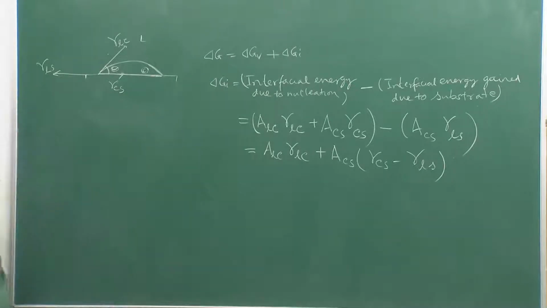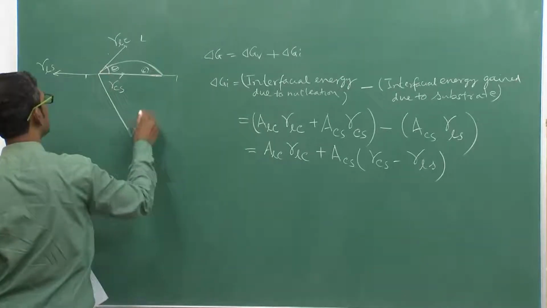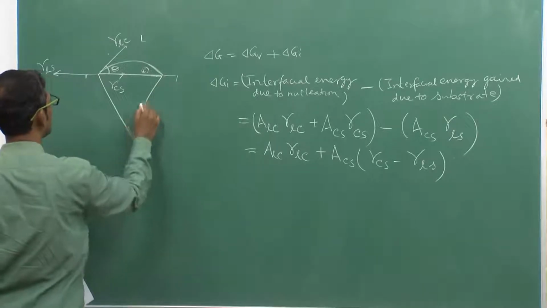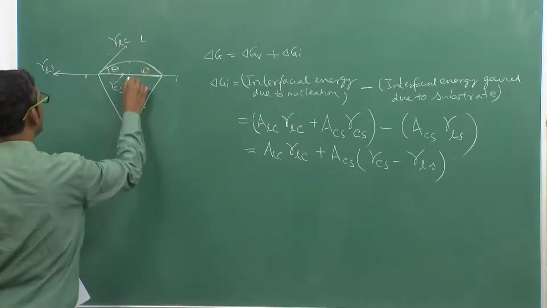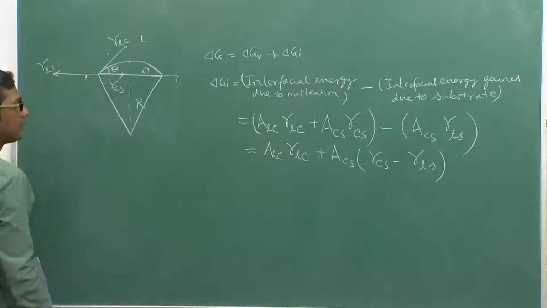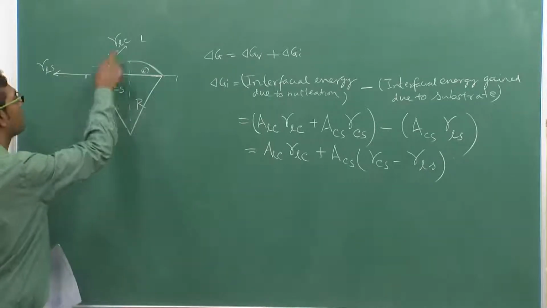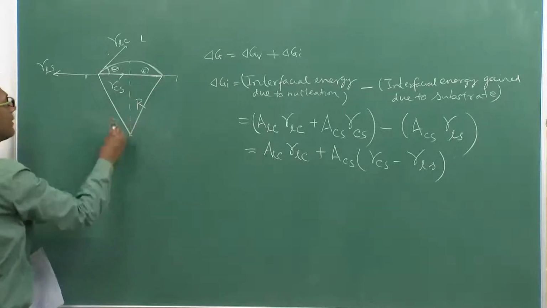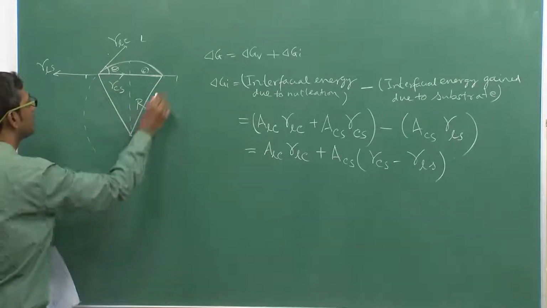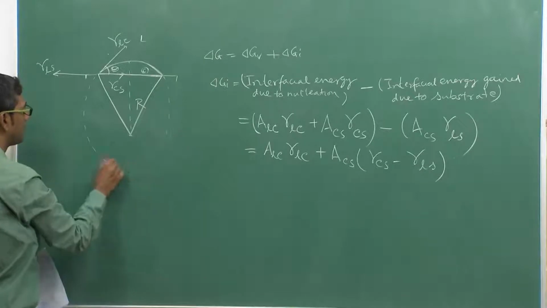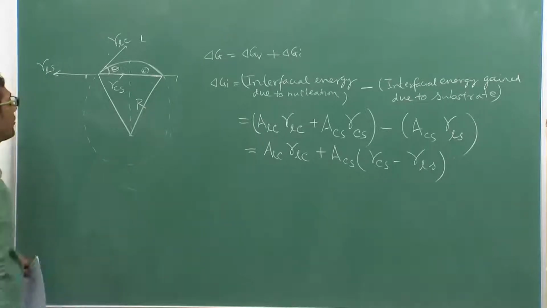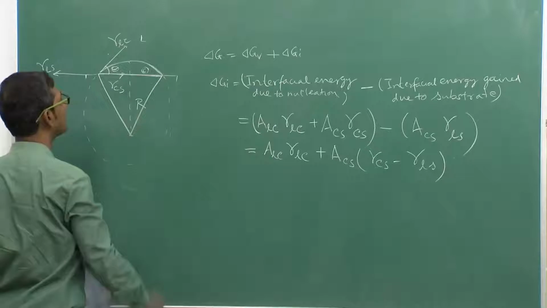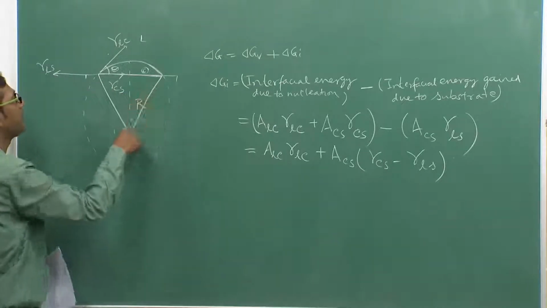We can think of this construction like this: a spherical cap of a larger sphere of radius r. You can always draw a larger sphere. I am just doing part of it. So that's the spherical cap of a larger sphere of radius r.